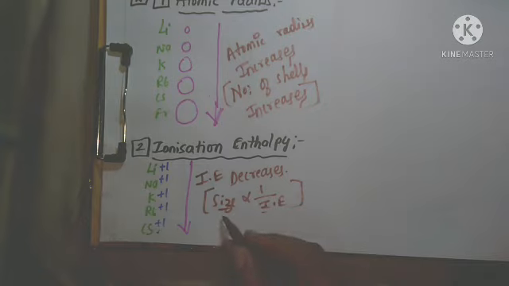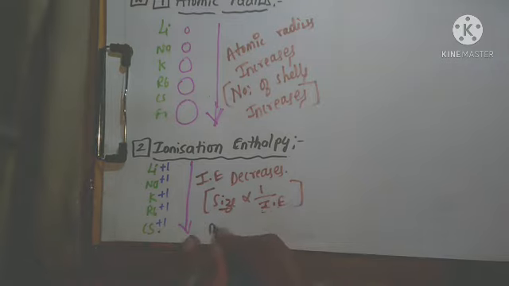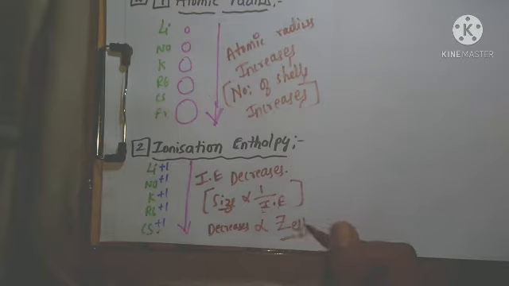Now why is size inversely proportional to ionization enthalpy? Because when the size decreases, the force of attraction between the nucleus and the valence electron increases. That is the nuclear force of attraction, indicated by the symbol Z effective.